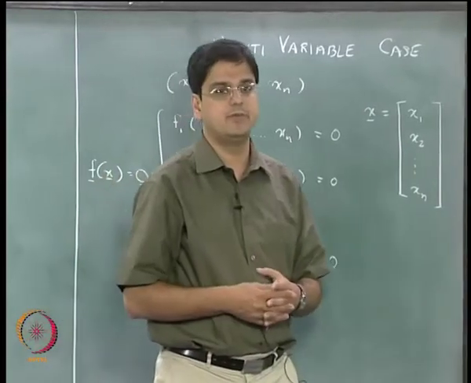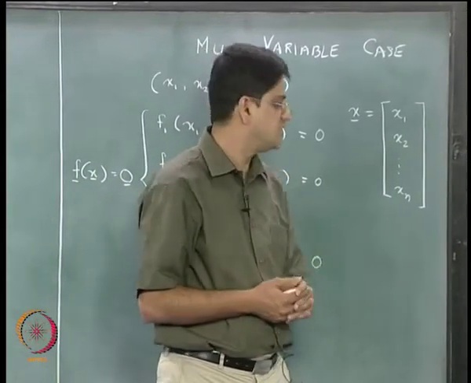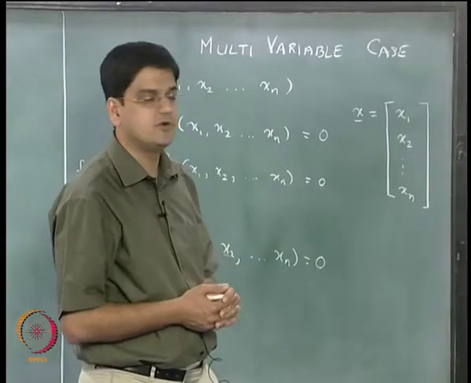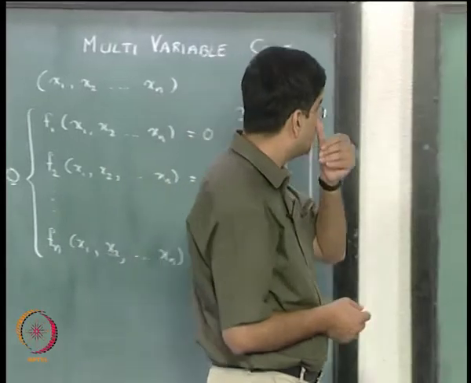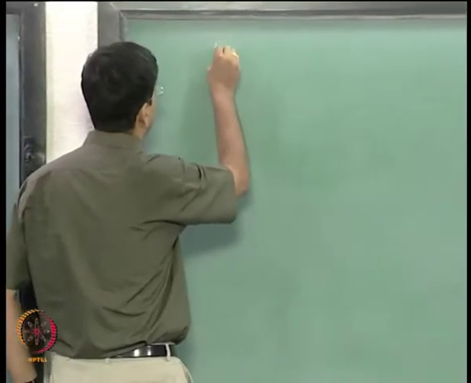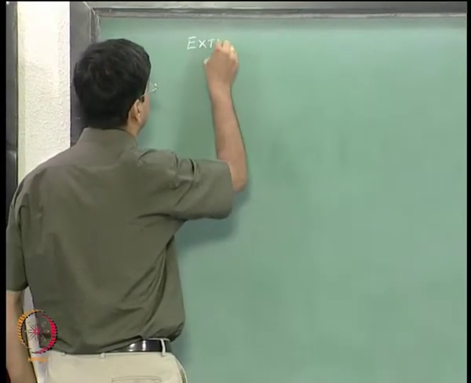So, that is our aim in today's lecture, and the two methods that we are going to look at are the fixed point iteration and the Newton-Raphson method. So, let us look at the extension of fixed point iteration method.